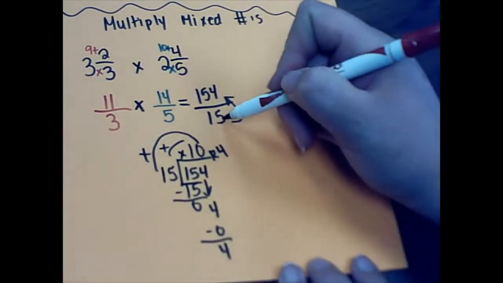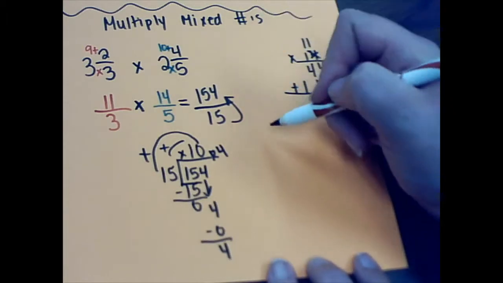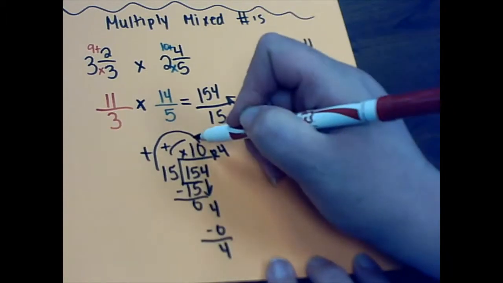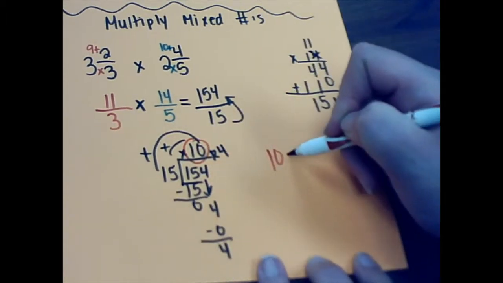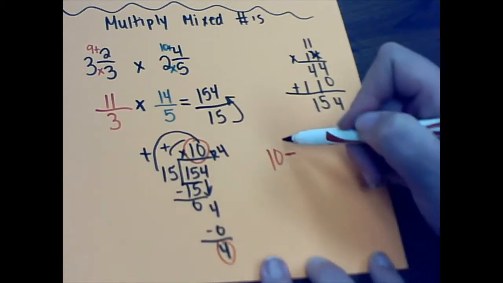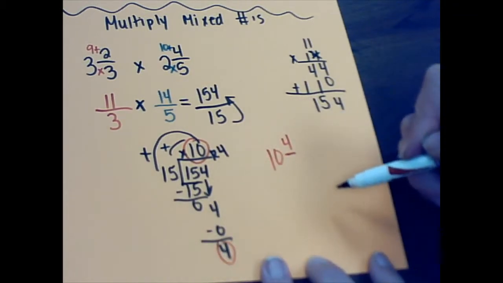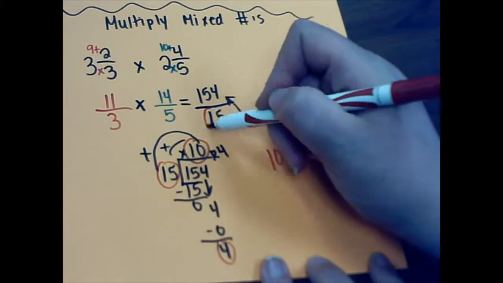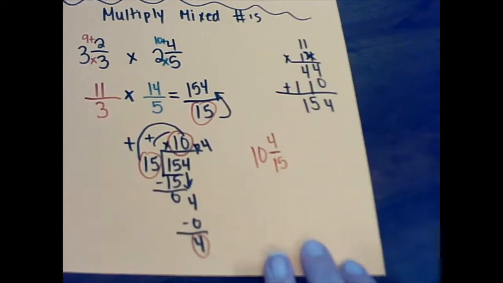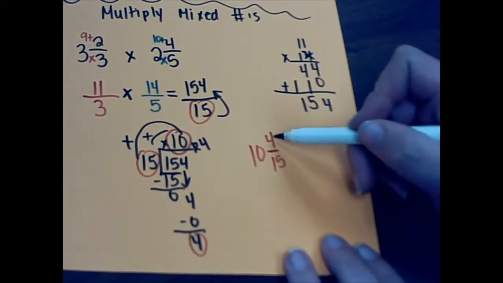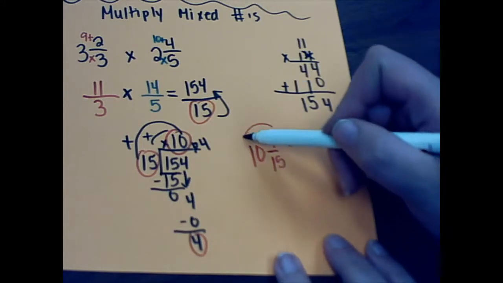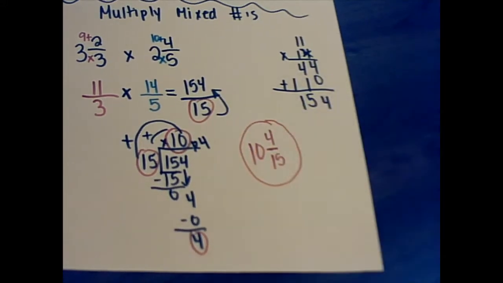So I know that 15 went into 154 10 whole times, okay, with 4 left over, and the denominator doesn't change. It's still 15. And there is not a number that goes into both of them evenly, so your final answer is 10 and 4/15.